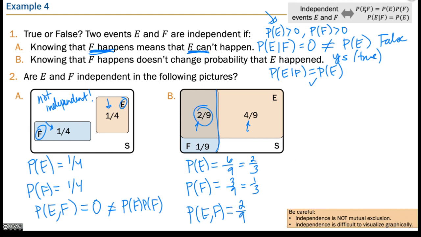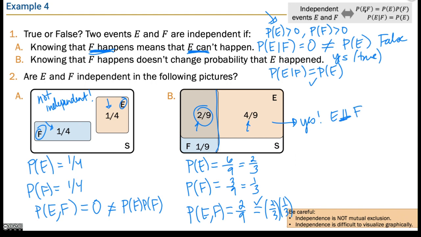Okay, and now the question is that equal to the product of both? So 2/3 times 1/3, yes, is equal to 2/9. So yes, these are independent. So yes, E and F are independent.